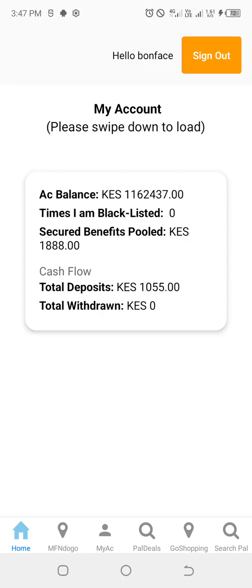So yes, Boniface has some secured benefits pooled. The other one was 8506 for Boni. For Boniface now is 1888.